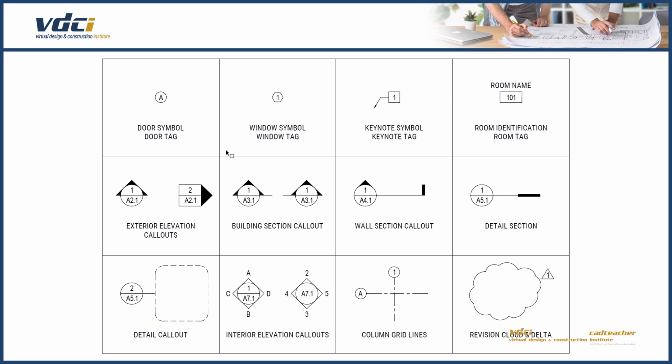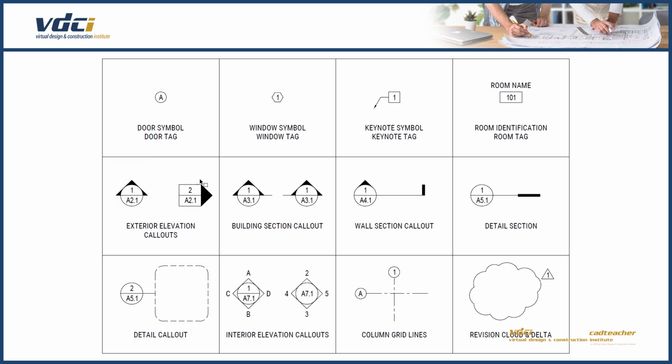We also have exterior elevation callouts. So what's going to happen is that on the floor plan, I might have a symbol that looks like this, or a symbol that looks like this. And what this is saying is, in order to see the elevation of the building that would be drawn up here, go look on page A2.1 at image 1.